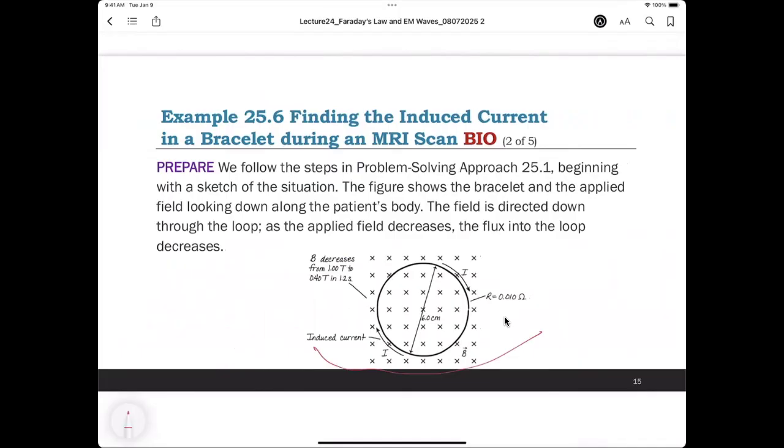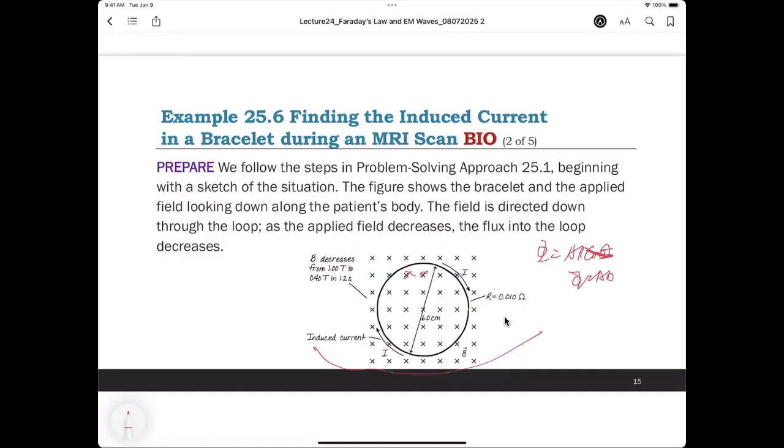The field is directed down through the loop. As the applied field decreases, the flux into the loop decreases. Because the flux equals AB cosine theta. Here theta is 0, so cosine is 1. So the flux is AB.